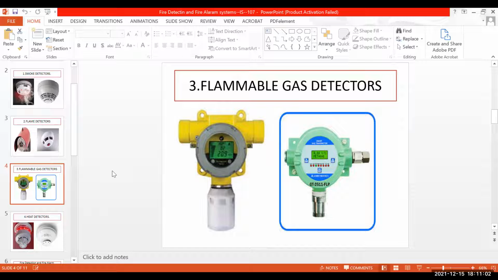That's why we are mentioning flammable gas detectors only. In some locations, sulfur production will be there. It will be divided into units like the sulfur unit or hydrogen unit. In the sulfur unit, you will have different types of chemicals.